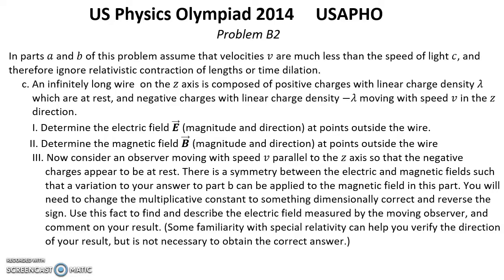You will need to change the multiplicative constant to something dimensionally correct and reverse the sign. Use this fact to find and describe the electric field measured by the moving observer, and comment on your result. Some familiarity with special relativity can help you verify the direction of your result, but is not necessary to obtain the correct answer.